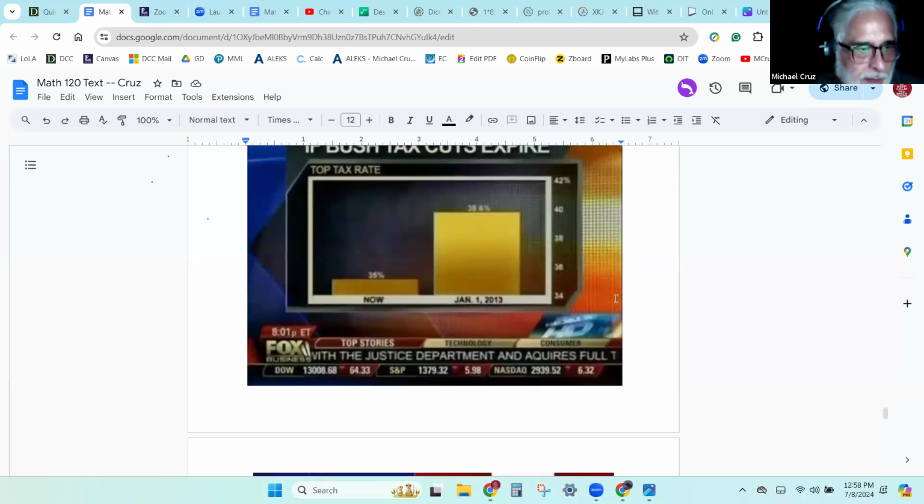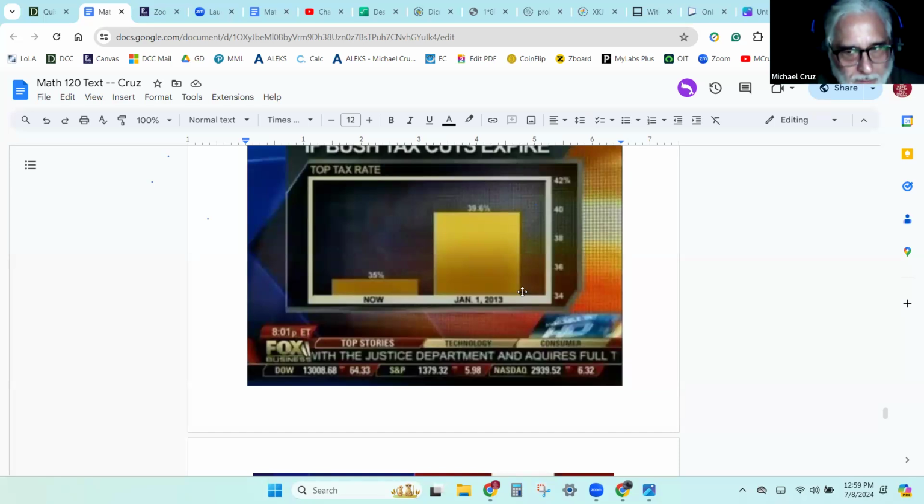You can also exaggerate differences by taking your y-axis and making the differences look stronger or larger. Like the difference between 35% and almost 40% is really just 5%, but it makes it look visually like it's a lot larger.